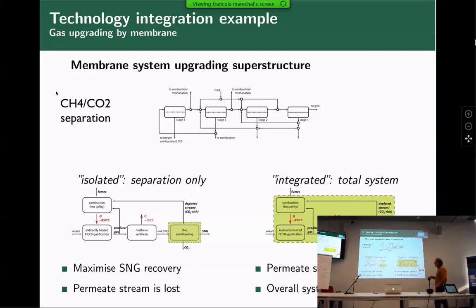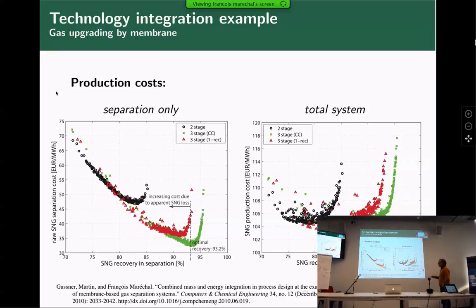And what the optimization has shown is that this is the best solution with a three-stage countercurrent if I want to maximize the recovery. And this is the best solution if I want to maximize the efficiency of the process.